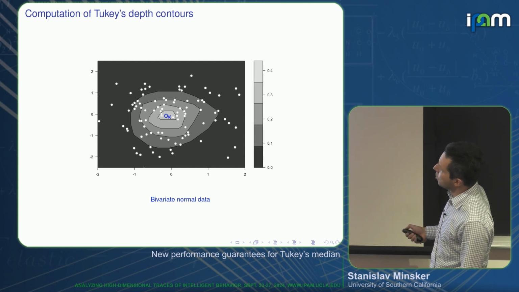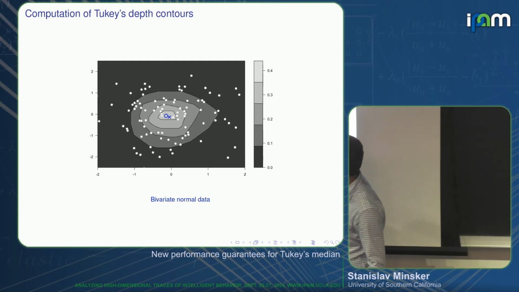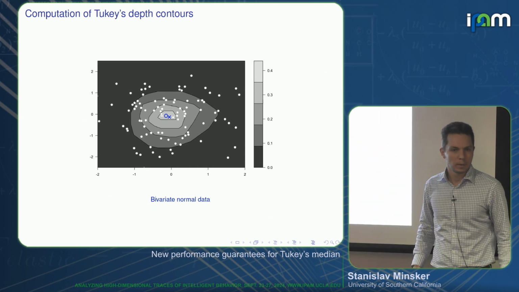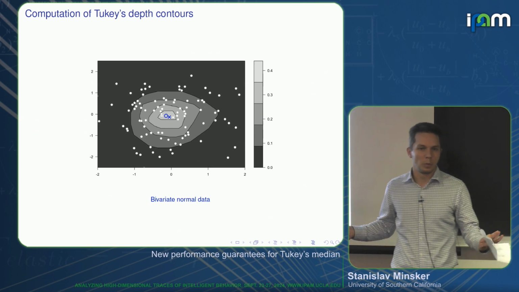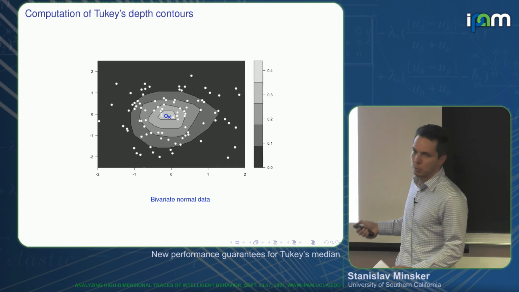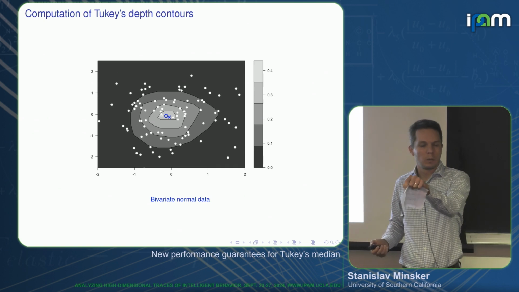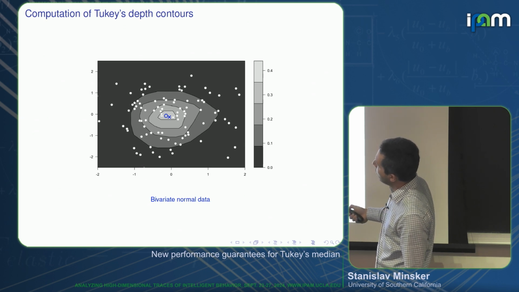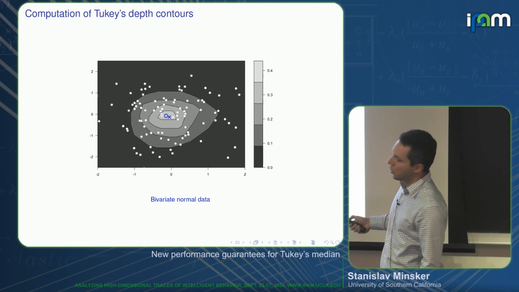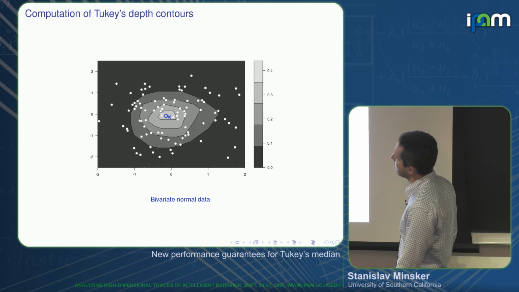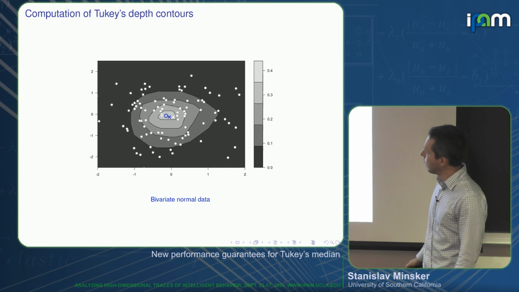And what you see on this picture, the circle here denotes Tukey's median, and the cross denotes the mean. This is just a sample from bivariate normal population where everything is perfect. So we expect that both the mean and the median will point to the center of this point cloud. But you notice that the contours of these regions are convex polytopes, which, as I said before, is a nice desirable property.